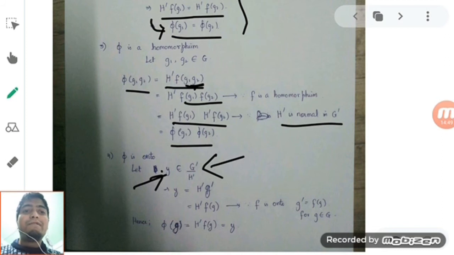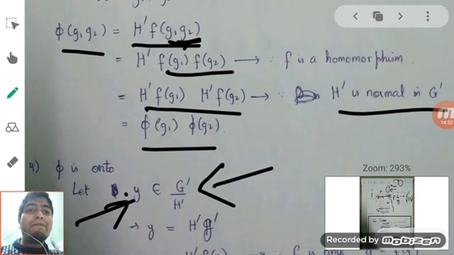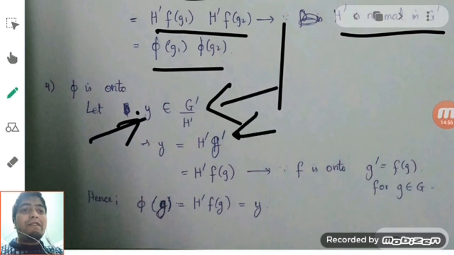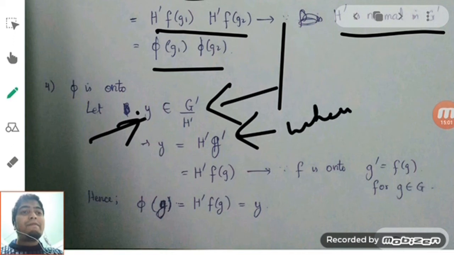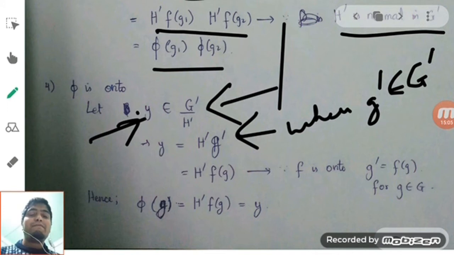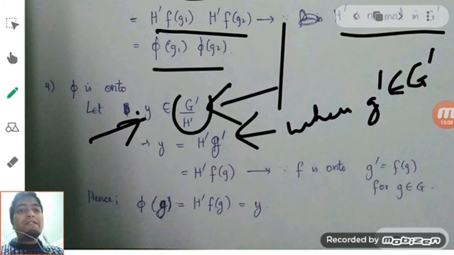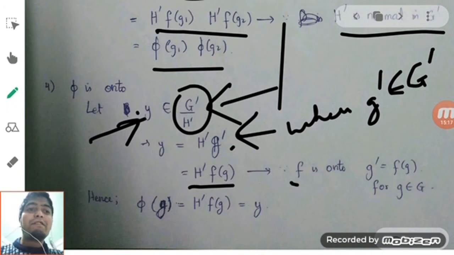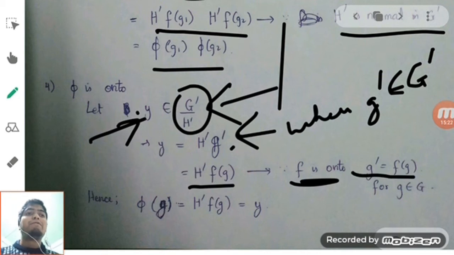So why does it belong to the second set? Any element of this quotient group will look like this, H dash G dash, where G dash belongs to capital G dash, because all elements of this are cosets. But G dash, remember that F is onto, so G dash will be equal to Fg.